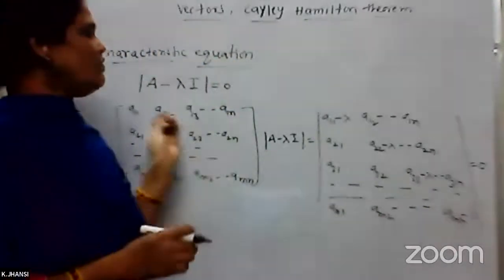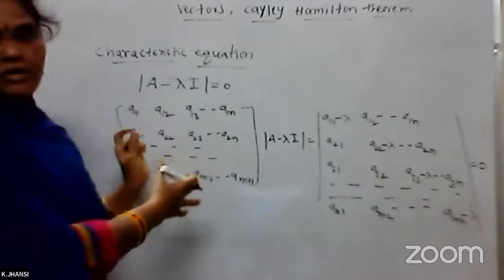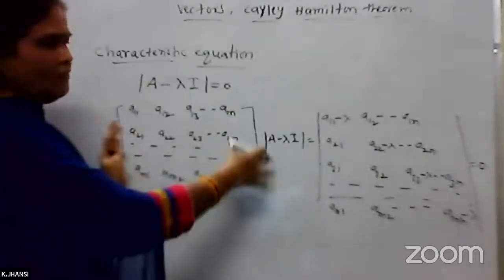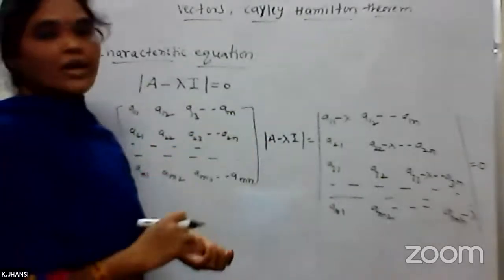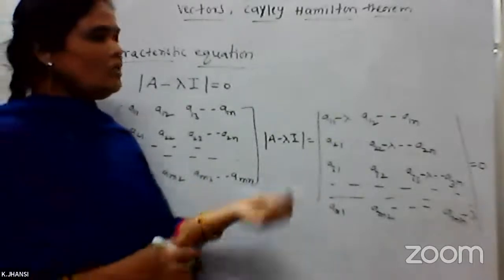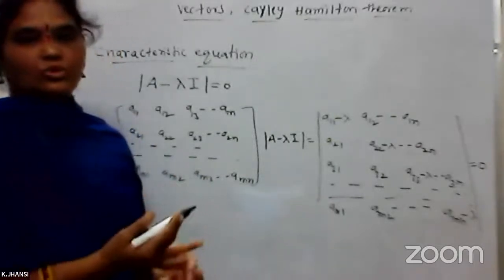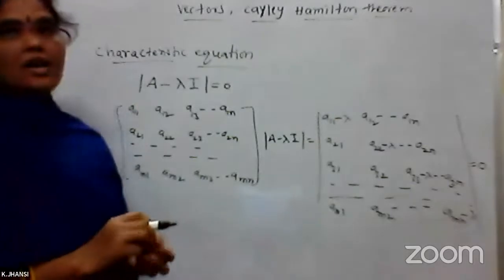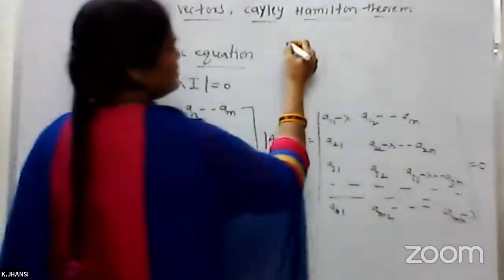Okay. So it will be in the form of a polynomial. When you find the determinant of that, you will get one polynomial in lambda. So when you equate it to 0, we'll find the roots, no? Those roots are called the characteristic roots.